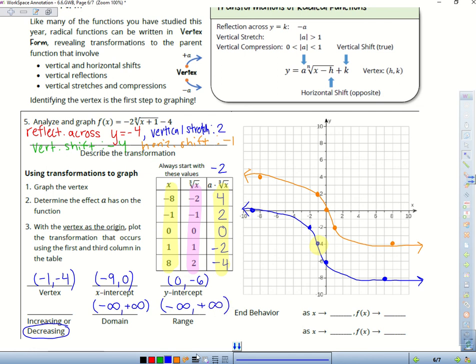Domain and range for any cubic function is always all real numbers unless it's bound, which is a whole other thing. And then end behavior, as x goes to -infinity, because both of these are going to be going off to infinity in one direction or the other. So what's happening on this side of my graph, as my x's get smaller, my y's are actually going upward.